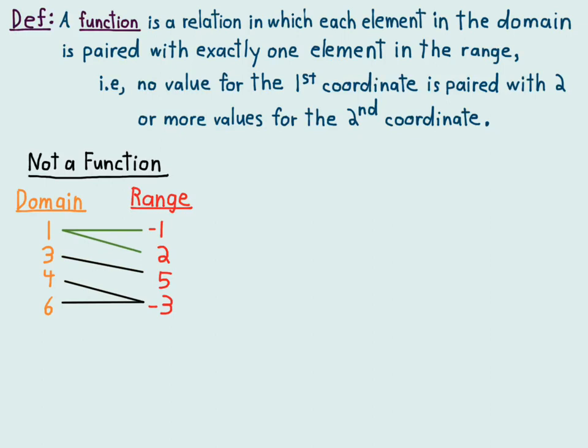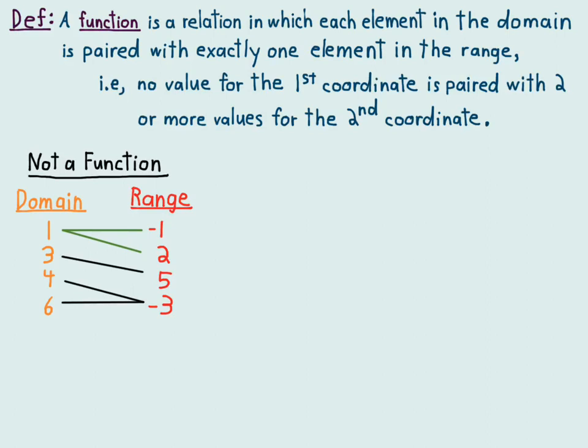So for the elements of the domain, instead of writing the pairs as the regular ordered pairs of numbers, I'm just drawing a line between the ones that are paired. So this one has the points (1, -1), (1, 2), (3, 5), (4, -3), (6, -3).